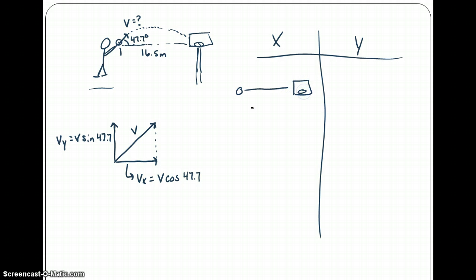There's constant velocity, which means that there's no acceleration. It's all constant velocity, which means velocity is always going to be equal to distance over time. It's that standard one.